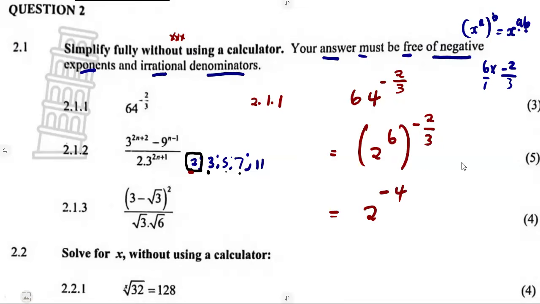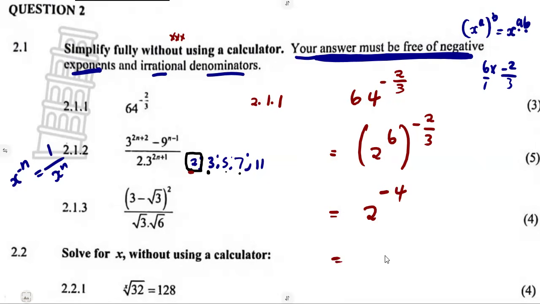How do we remove a negative? If we are given x to the exponent of negative n, we know this is 1 over x to the exponent of n. To remove a negative, that's 1 over. Remember, your answer must be free of negative exponents. We do not need a negative exponent.